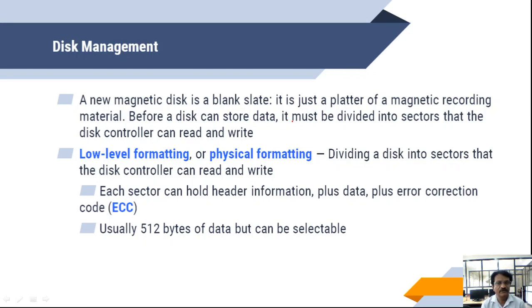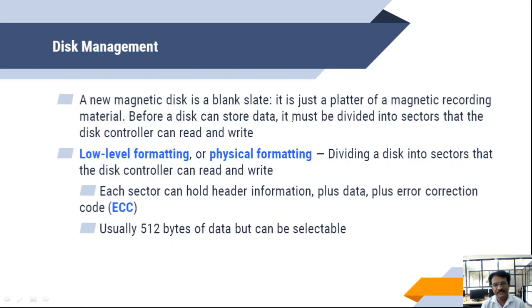Before a disk can store data, it must be divided into sectors that the disk controller can read and write. We need to create these sectors, because the data is stored in the sectors only. And if the controller wants to read and write, it refers to the sectors itself.